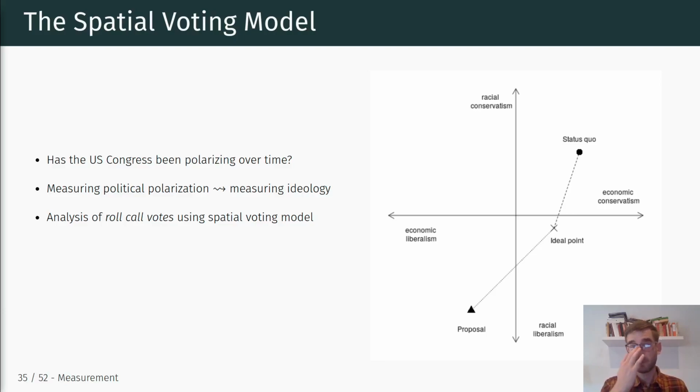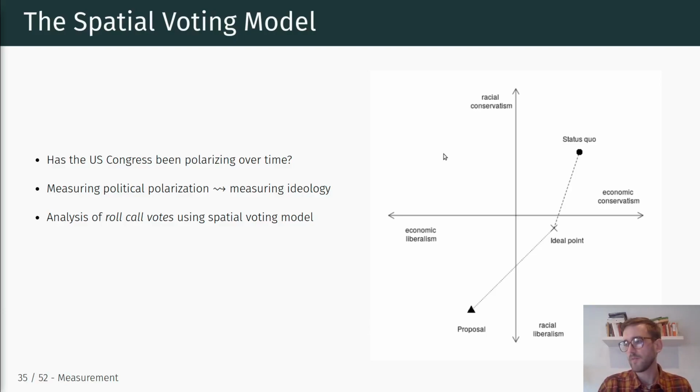So here's a quick visualization from the book of how we can think of this spatial voting model. Suppose ideology can be characterized on two independent dimensions. On the one hand, we have economic conservatism and liberalism, and on the other hand, we have racial conservatism and liberalism, right?